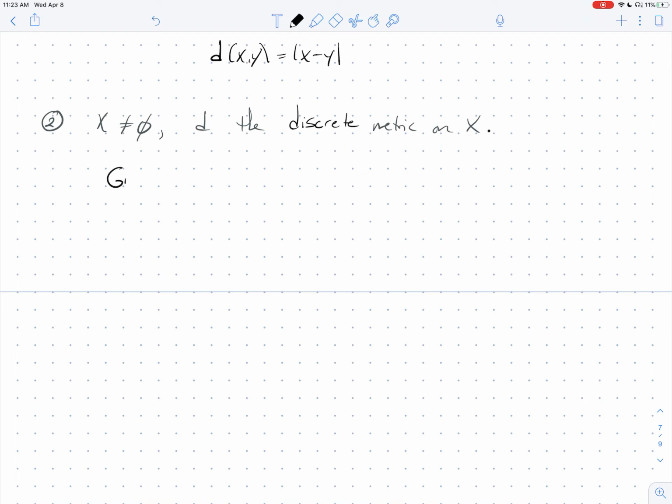So given, we already worked this out actually, but given a point x in X, the ball of radius epsilon around x is either the set {x} itself when epsilon is less than or equal to 1, and it's the big set X whenever epsilon is bigger than 1.